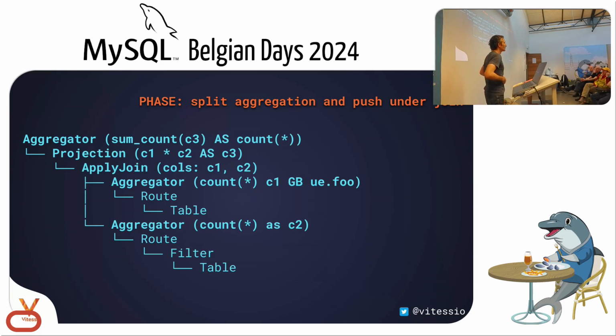So actually, we are using the route operator as, let's say, a pointer to the shard where the data is. Yes. So you're traversing every shard until you find one in order to push under the route. Come again? Are you essentially using the route operator as a pointer to the shard? So essentially, what I'm doing is searching every shard until you can push down the join operation under the route, right?